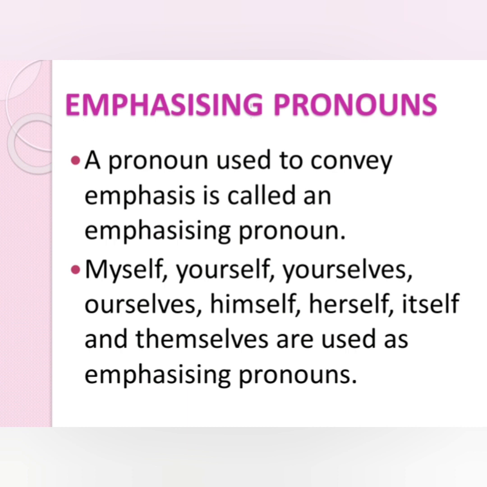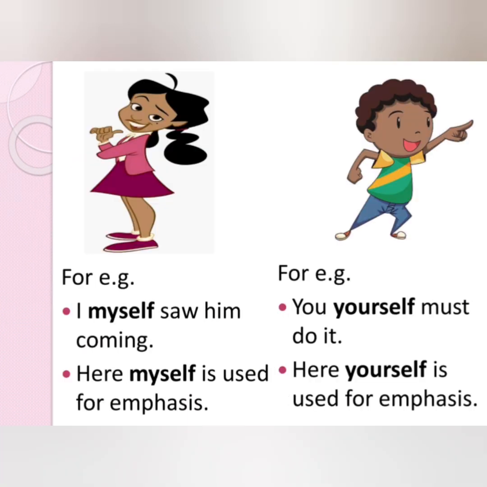Let's understand this with some examples. The first one, I myself saw him coming. Here, myself is used for emphasis. The next one, you yourself must do it. Here, yourself is used for emphasis.